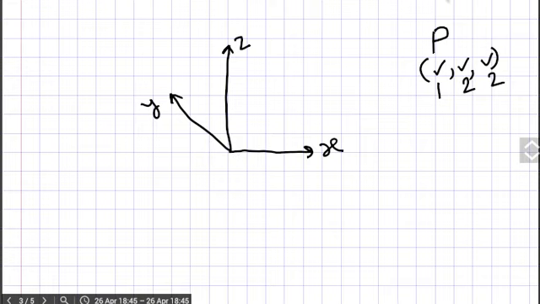Now for the cylindrical system, what do you do? In this system, you first go some distance on the x-axis. For example, if you go 5 units here on the x-axis, I am not actually representing the units, they are just mapped to this graph, so don't give attention to that.